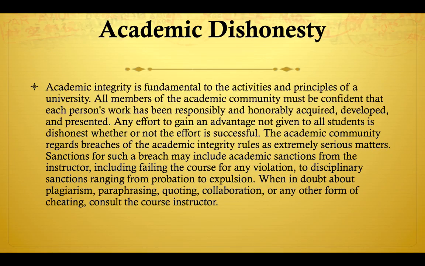You can read over the academic dishonesty statement for the School of Nursing. We take academic dishonesty in the highest regard, of course, and do want to make sure that everyone gets the same consideration and advantages.